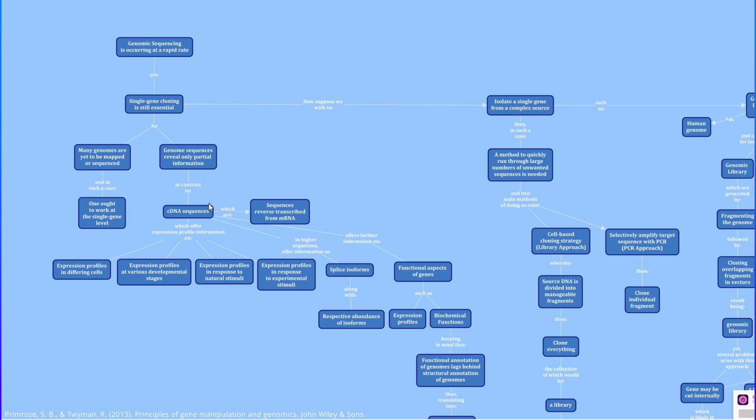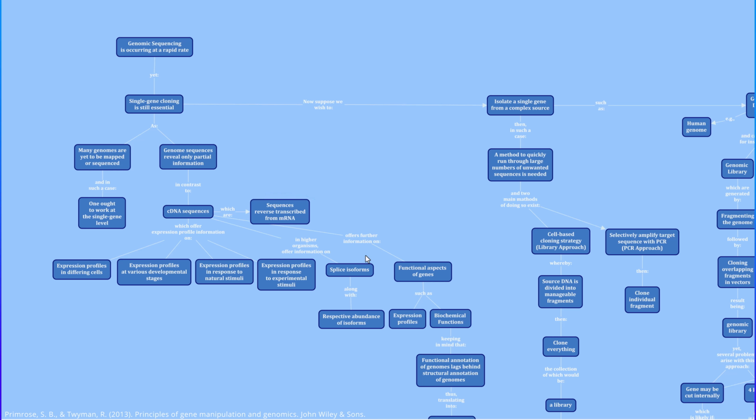So this is in contrast to cDNA sequences. cDNA sequences can provide us with expression profile information on differing cells at various developmental stages. They can provide us with expression profiles in response to natural stimuli, and they can also provide us with expression profiles in response to experimental stimuli. And so cDNA sequences are sequences that are reverse transcribed from messenger RNA, as you likely know.